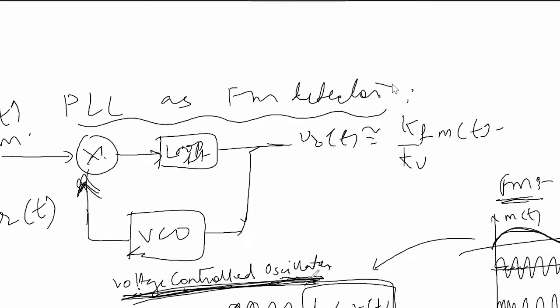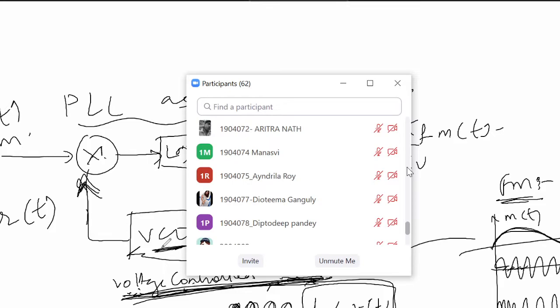In the VCO also, it is an oscillator generating some signal waveform whose frequency is proportional to the voltage applied across it, because it is a voltage controlled oscillator. The output voltage V0(t) is fed as an input to this voltage controlled oscillator. So this voltage V(t) is controlling the frequency of the output oscillator.